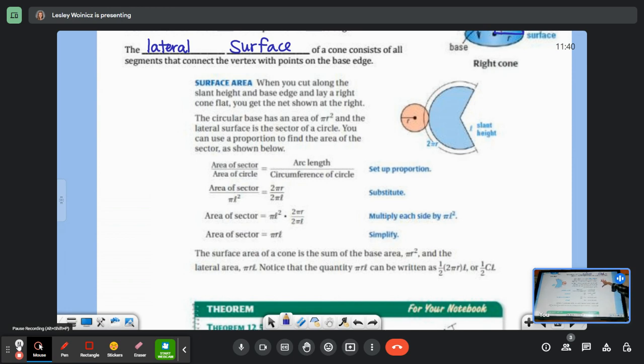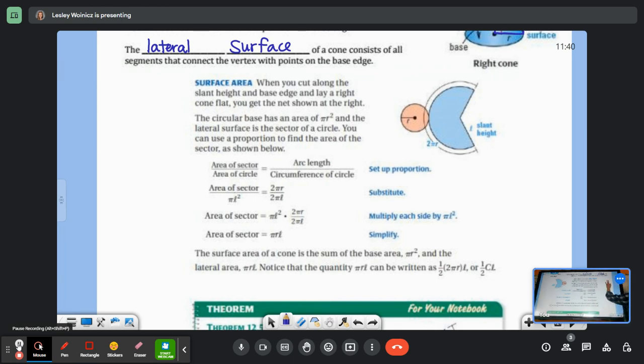The circular base has an area of pi r squared, and the lateral surface is the sector of a circle. You can use a proportion to find the area of the sector as shown below. The area of a sector compared to the total area of a circle is equal to the arc length compared to the total circumference of the circle.